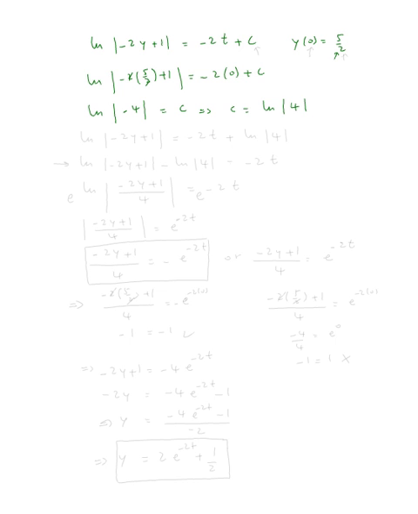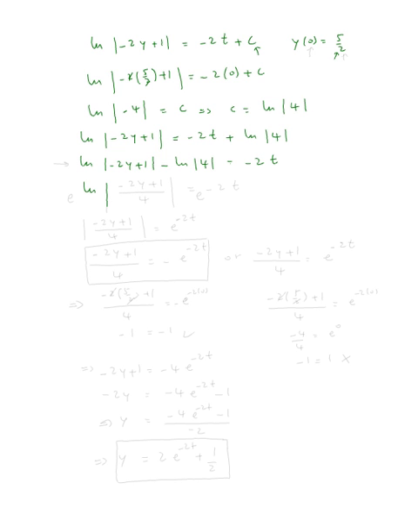Alright, now what do we do? We found the c, so we plug it back in. The implicit solution will be ln of absolute value of negative 2y plus 1 is equal to negative 2t plus ln of absolute value of 4. Now I'm going to put the ln's both on one side: ln of absolute value of negative 2y plus 1 minus ln of absolute value of 4 is equal to negative 2t.